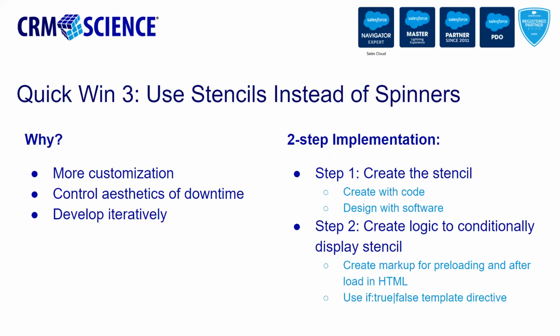After all, it is a preloader. Once we have the stencil, the second step is to add the conditional logic to display it. And we do this by adding markup for both states, preloading and loaded, and then we use the if true template directive to show either of those scenarios.